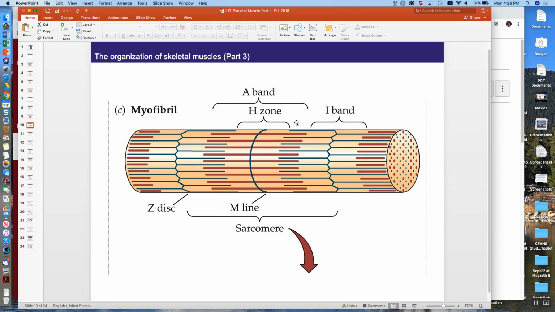Just to be clear, when muscles contract, myosin is the molecular motor. Myosin walks along the actin, pulling the Z discs closer together.